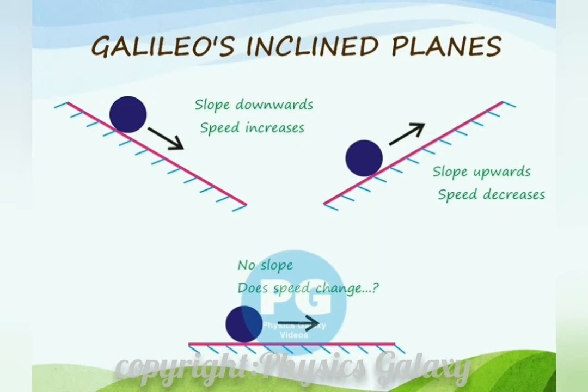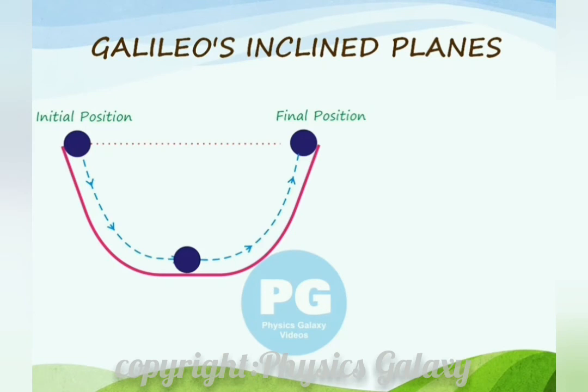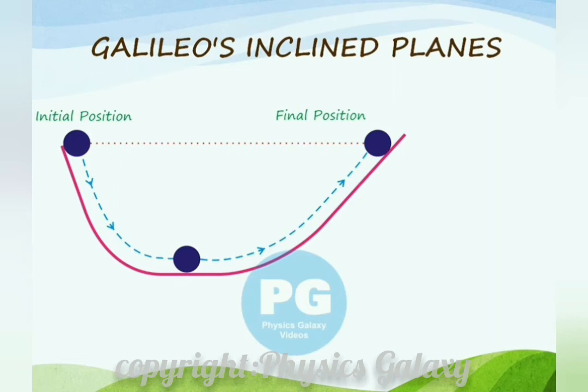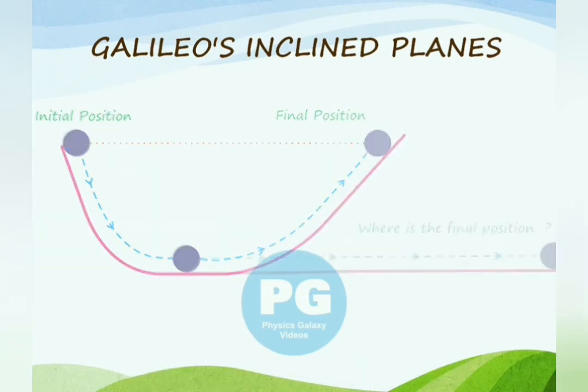If the slope is made horizontal, then the ball will move horizontally forever without stopping. If you reduce the angle, the ball covers more distance to reach the initial height. By this experiment, Galileo proved that force is not required to maintain the movement of an object.